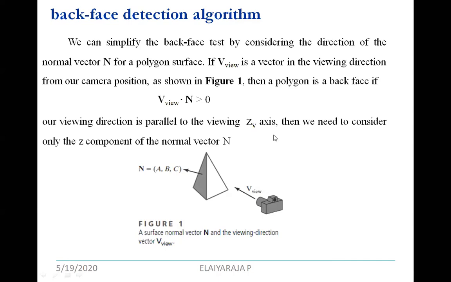By seeing figure 1, the polygon is a back face, because the normal vector is away from the camera view. This is your viewing direction, and this is the given triangle, which has, assume, three faces: 1, 2 and 3.